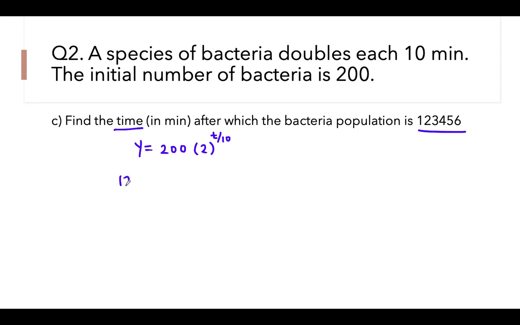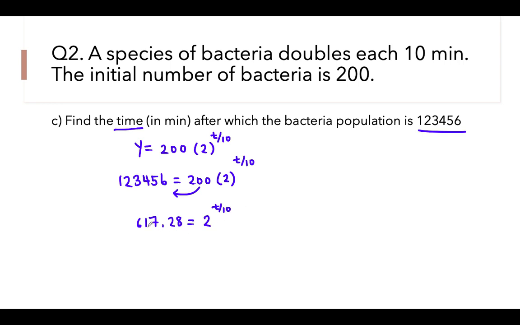We know the final population, 123,456, equals 200 times 2 to the t over 10. So I'm going to move 200 to the other side. It's dividing, so you're going to get 617.28 equals 2 to the t over 10.